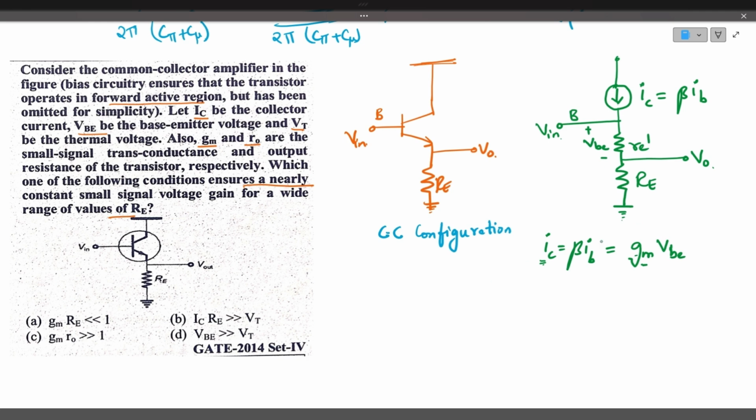So now here the condition is the collector current is far greater than base current. So you can write this as transconductance GM VBE is greater than IB, because the collector current IC can also be written as GM into VBE.